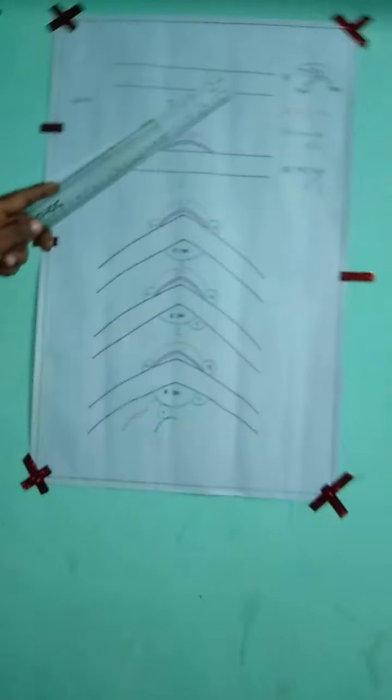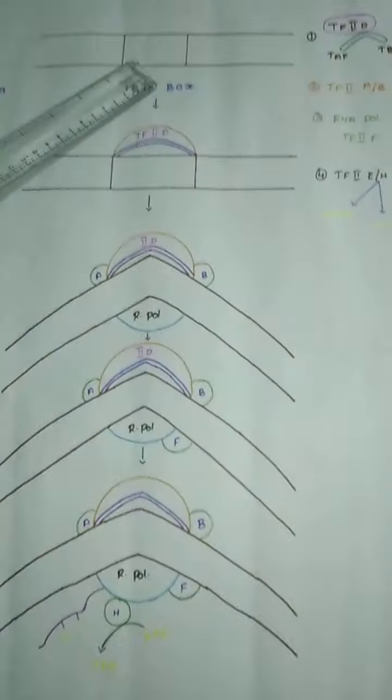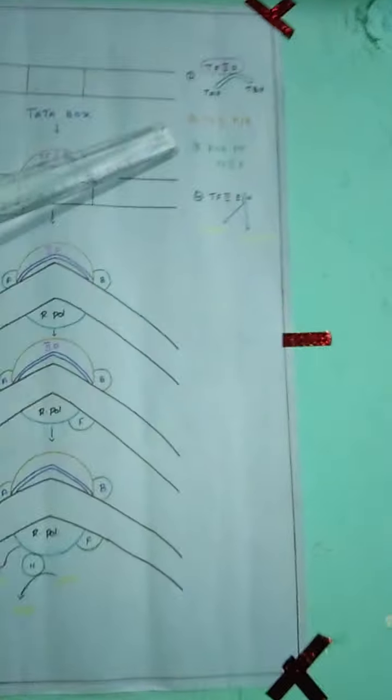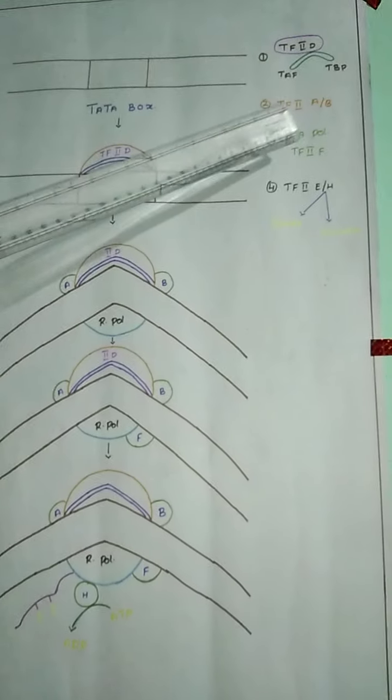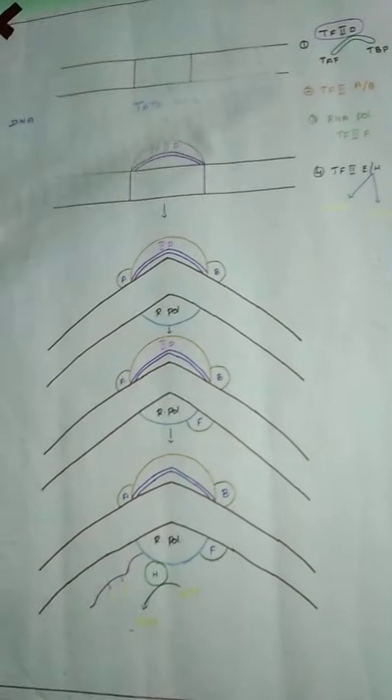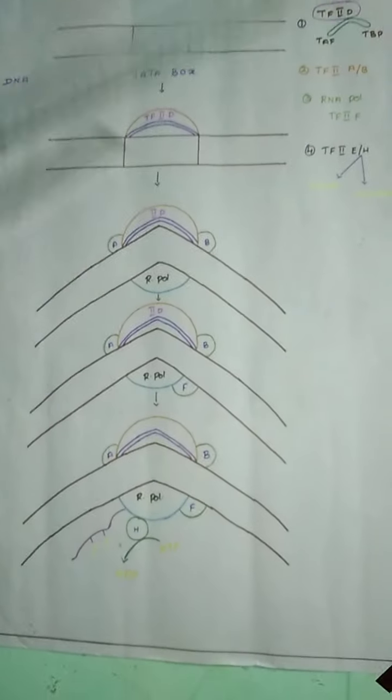So this is known as the start site. In the mechanism of the process, transcription factor 2D, transcription factor 2A and B, RNA polymerase, transcription factor F, transcription factor 2E and H. These are all the proteins involved in the transcription process.